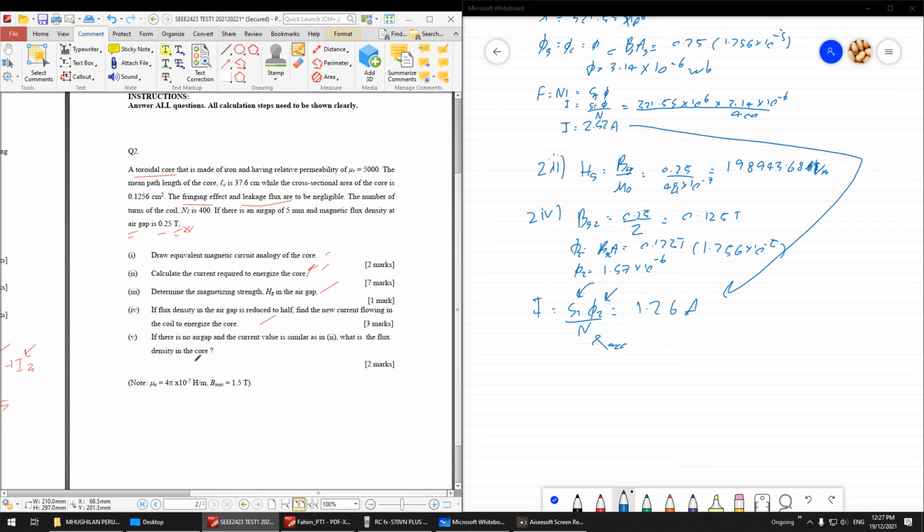And the last one is, if there is no air gap and the current value is similar to the number 2 current here, what is the flux density in the core?